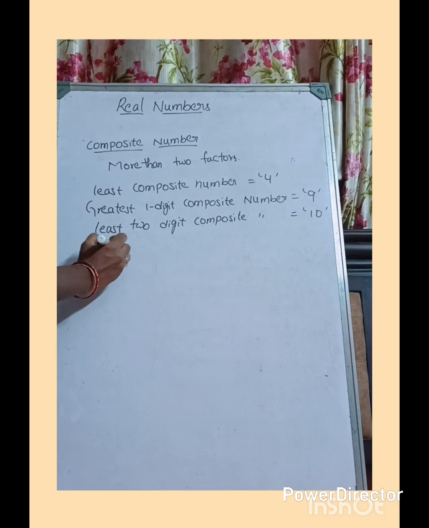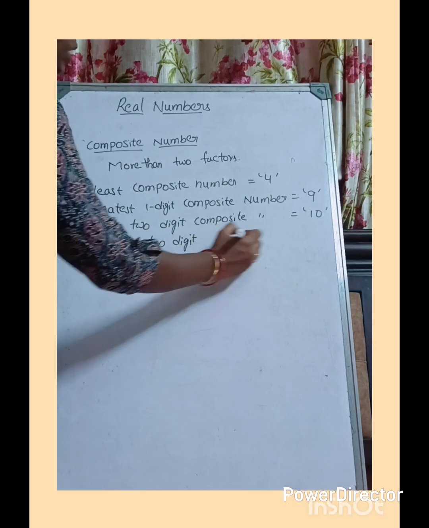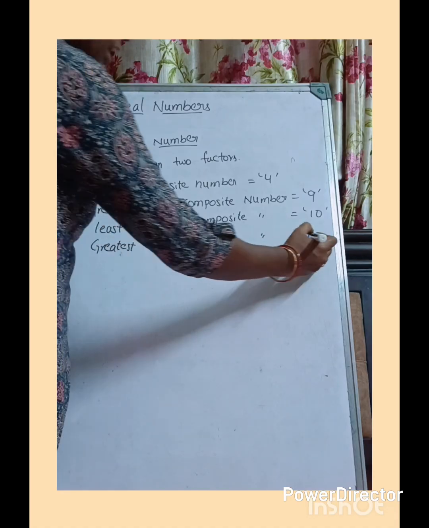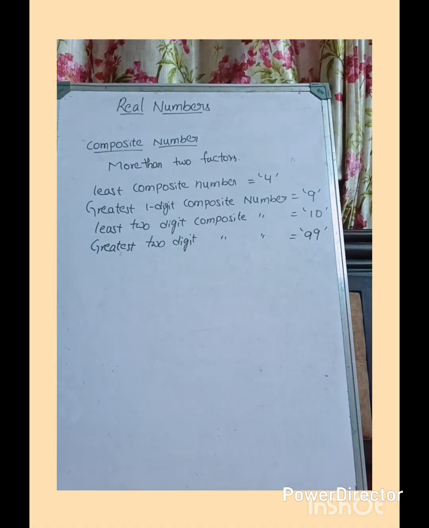Yes, 99 is the greatest 2-digit composite number. Okay. Next one, what are co-primes? Yes, numbers having only one common factor are called co-prime numbers.